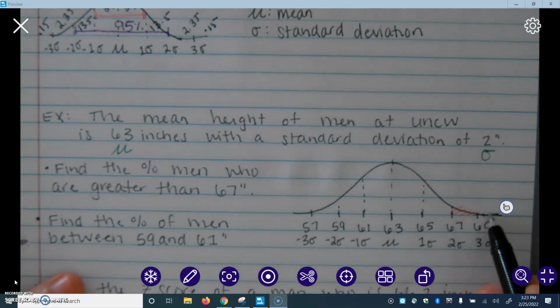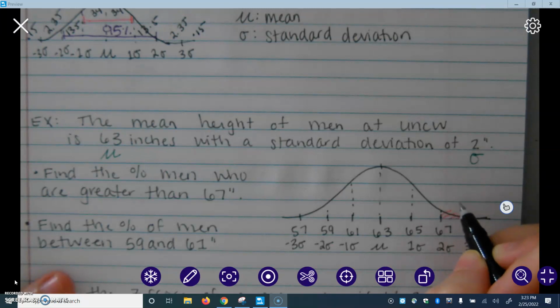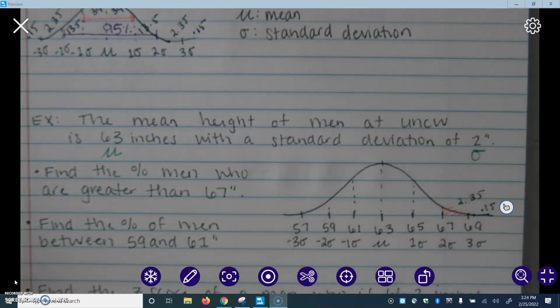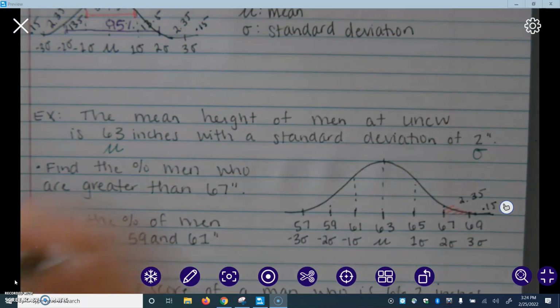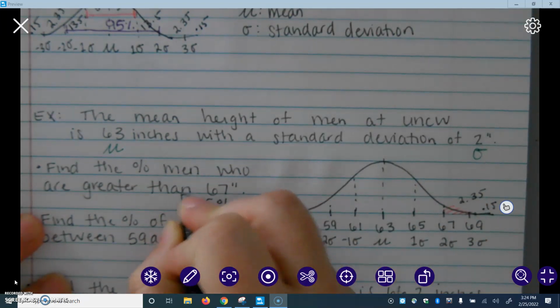So the percent of men that are greater, we can use the 2.35% and the 0.15% and just add those together. So 2.35 plus 0.15, it's only about 2.5%.